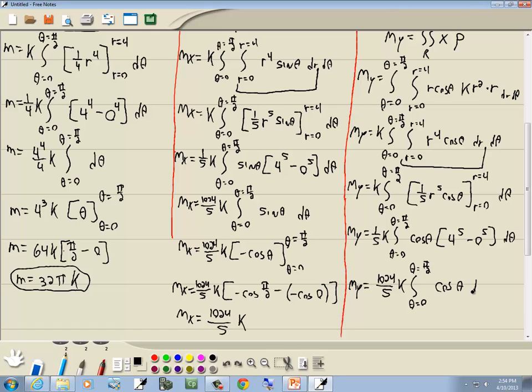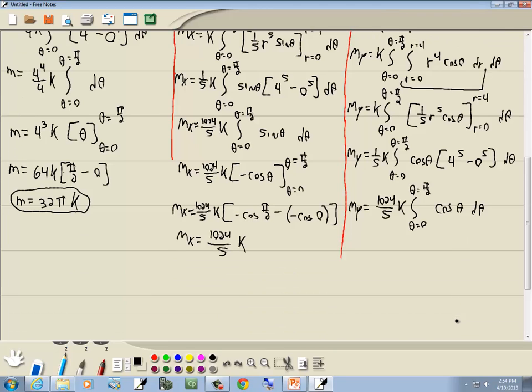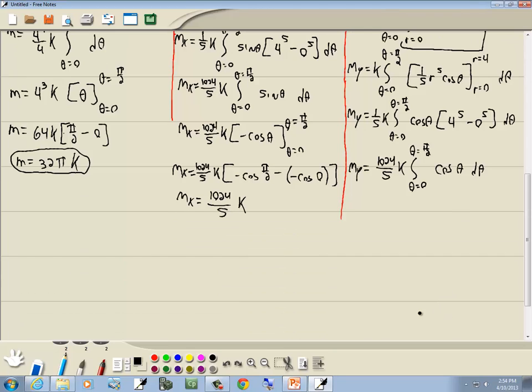Cosine theta, d theta. Okay, so now we're going to find the integral of that. So the 1024 over 5k, and then the integral of cosine is sine, from theta equals 0 to theta equals pi over 2.